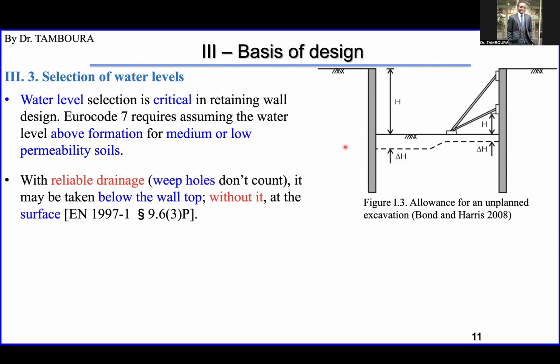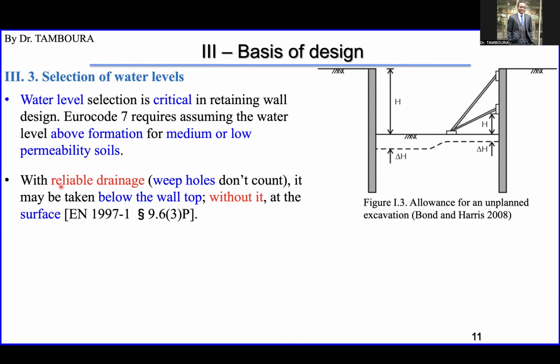Okay, so if you have very good drainage, if you have reliable drainage, then you can consider it below the wall top. But if you don't have drainage, you should consider water level at the top, at the surface, here.